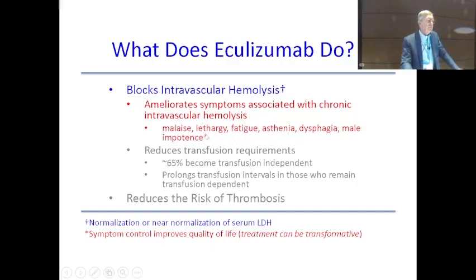And these are the symptoms that patients recognize: malaise, lethargy, fatigue, asthenia, which is a general loss of well-being, and then dysphagia, which is seen in some patients with florid hemolysis, and male impotence can also occur. And treatment with eculizumab can really be transformative in patients who have symptoms related to the intravascular hemolysis.